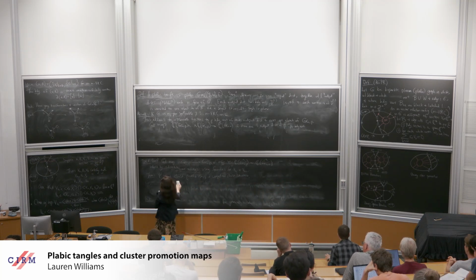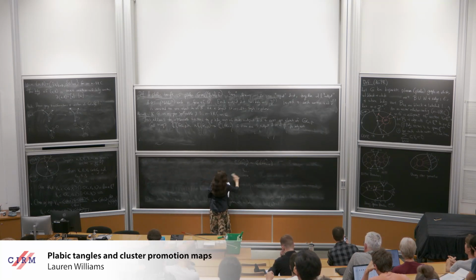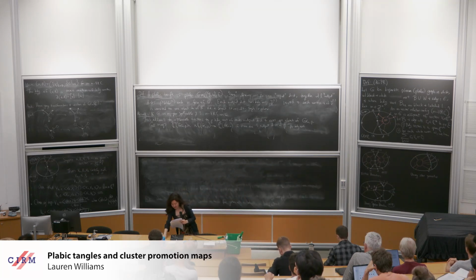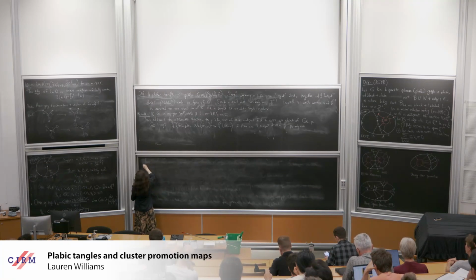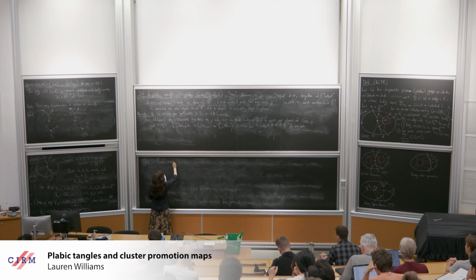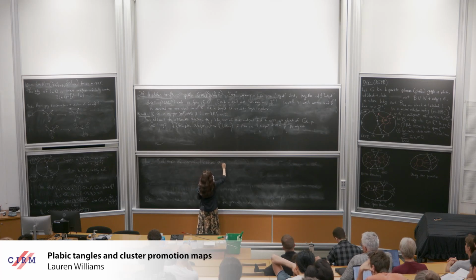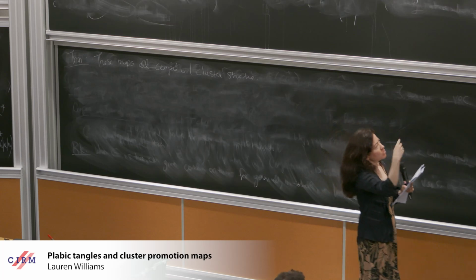So let me just say a few words about what this framework buys us. The theorem is that these maps are all compatible with the cluster structure, which means that we get some cool applications.